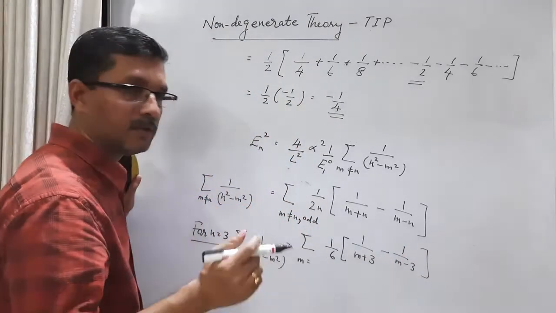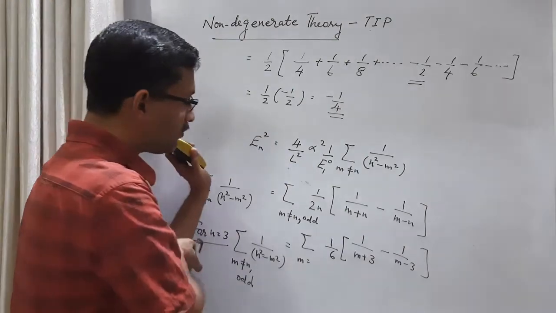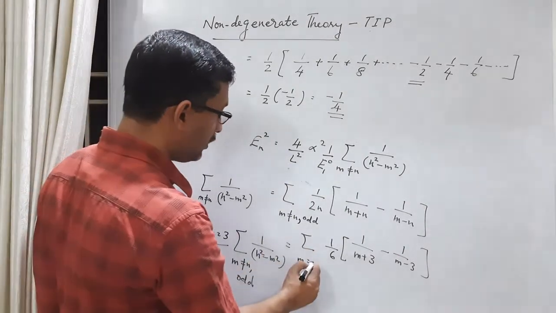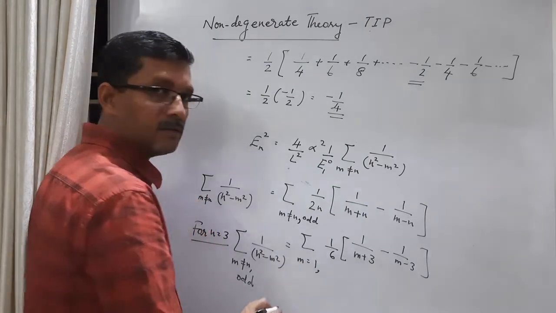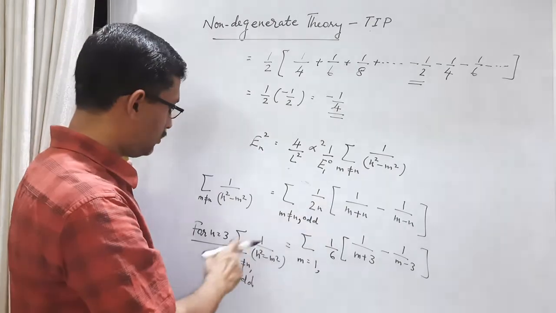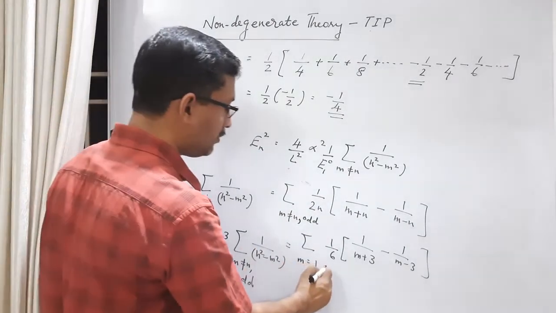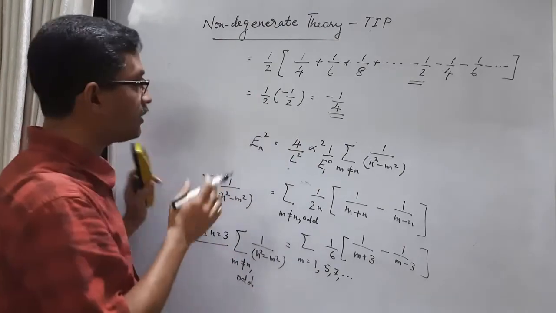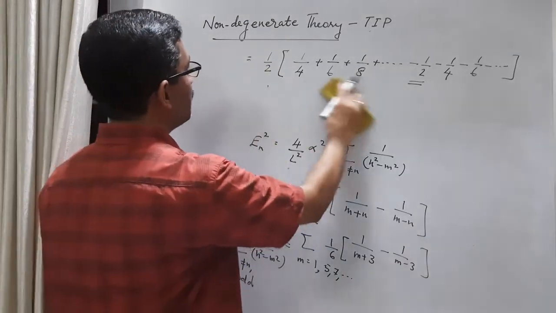We have chosen n equal to 3. If n is equal to 3, what are the different odd values of m? M is 1, next is 3, but 3 is not allowed because m is not equal to n. So then 5, 7, etc. Okay, let's put different values.